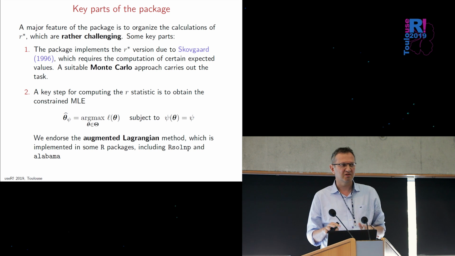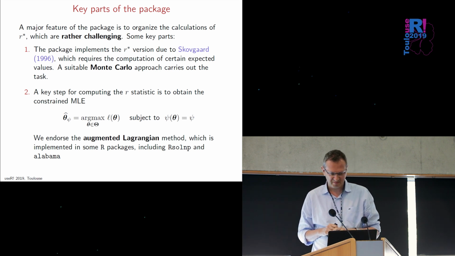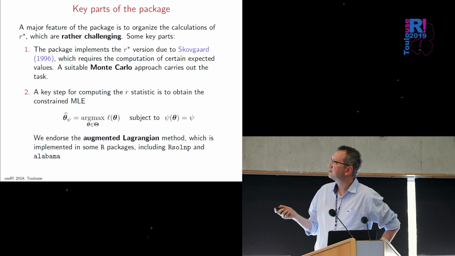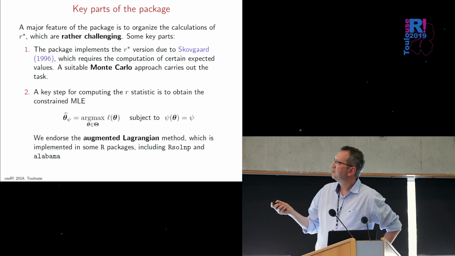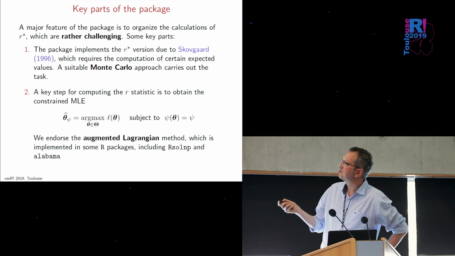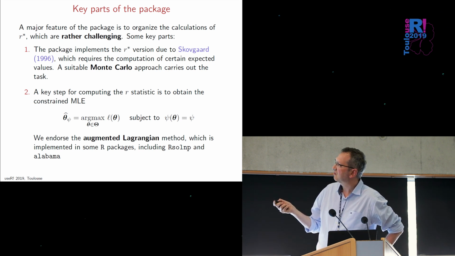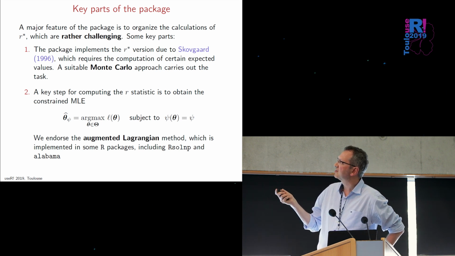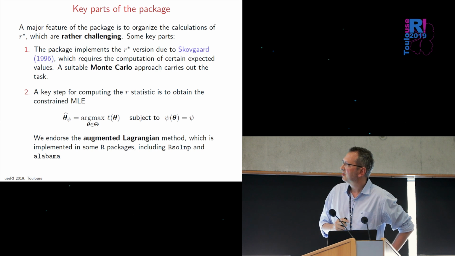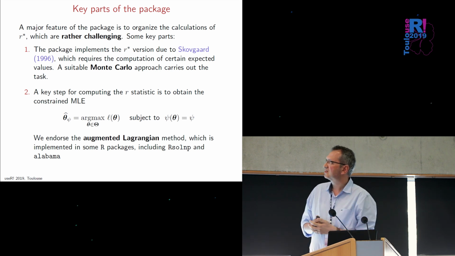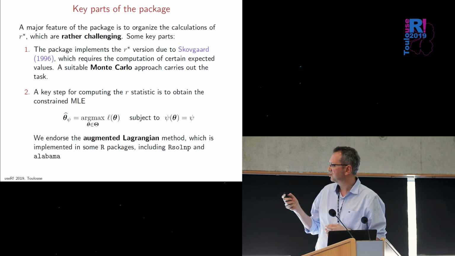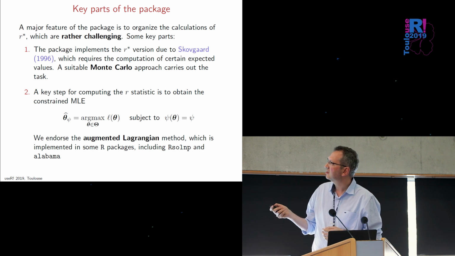That's pure Monte Carlo, no additional fitting, no bootstrap. The second step is the computation of the constrained estimate of theta, which entails an optimization problem. We have to optimize the log likelihood function under the assumption that the function of interest is equal to a given value. Here we endorse the augmented Lagrangian method for numerical optimization, and we take advantage of some existing packages such as Rsolnp and alabama.